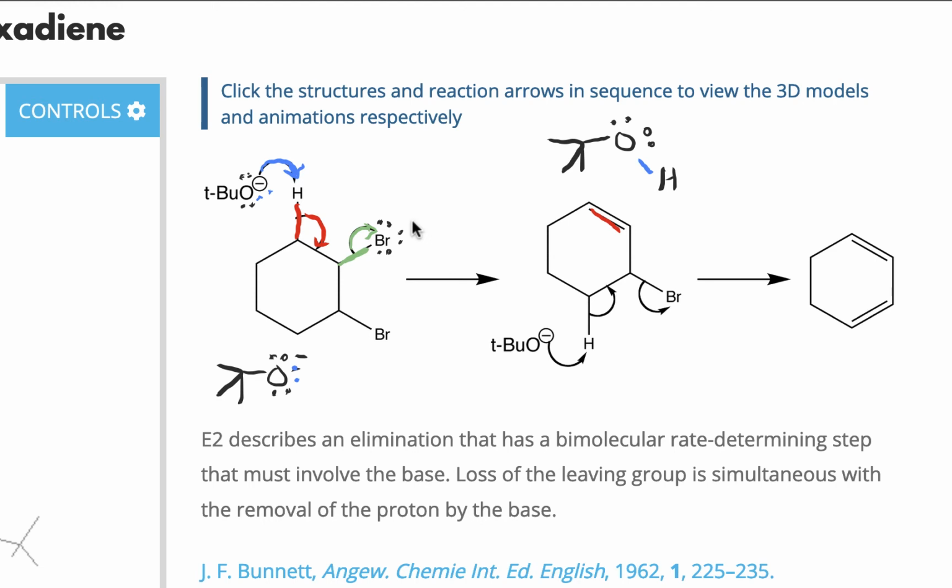I'm going to draw the bromine out over here too so you can see what it looks like. This particular reaction is actually showing a second elimination reaction. You can see that here where a second equivalent of t-butoxide is forming an oxygen-hydrogen bond, a second pi bond is being formed where the carbon-hydrogen bond breaks, and a second bromine is falling off.